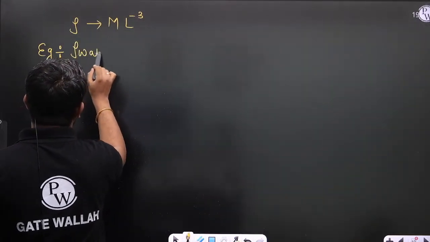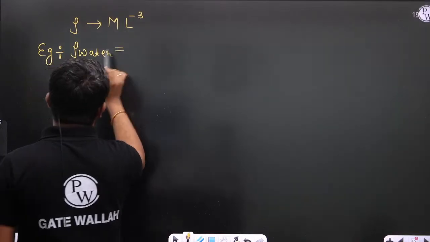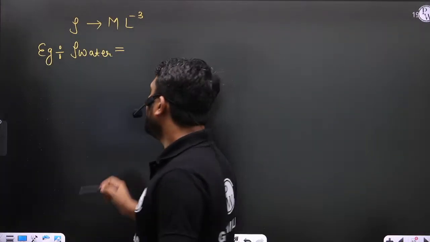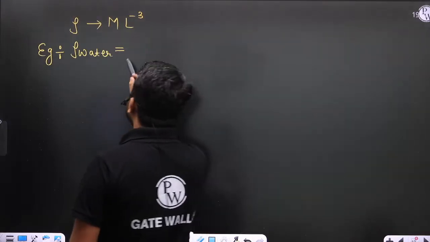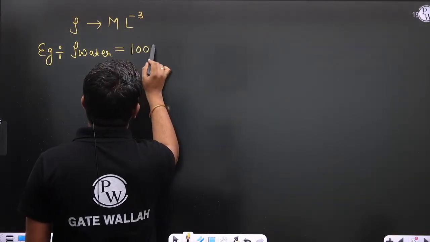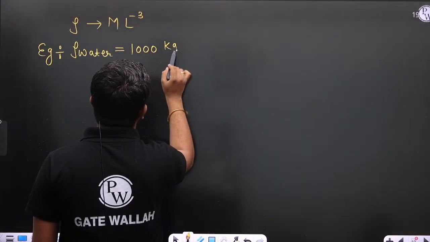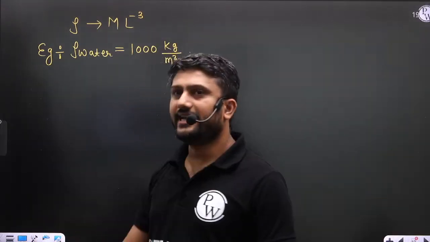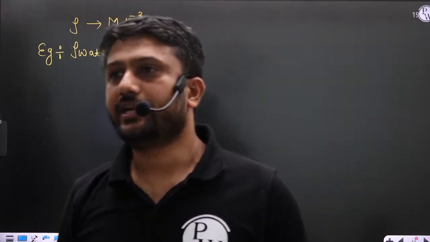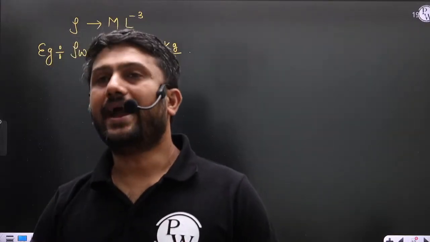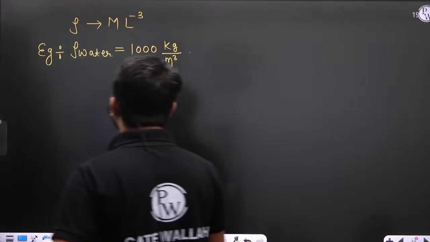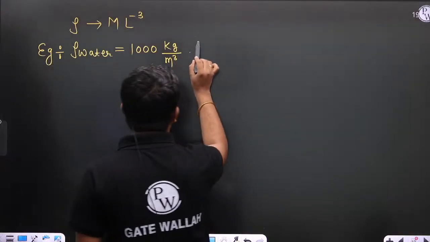For water, the density is 1000 kg per meter cube. And beta, this is the maximum density of the water.